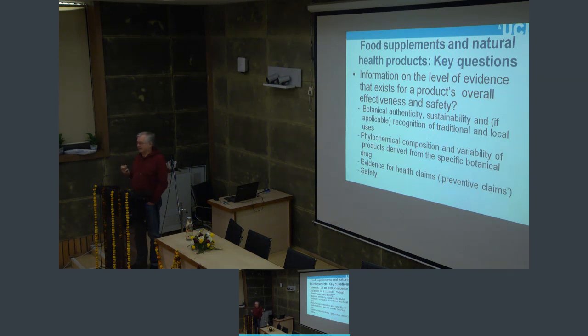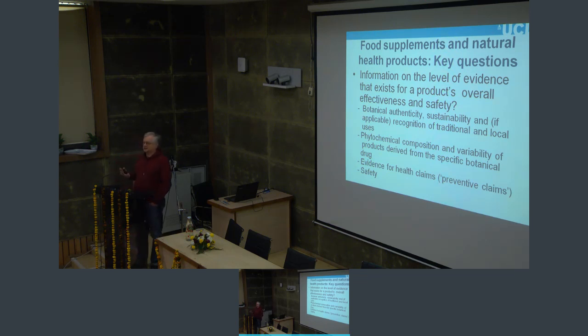If you say, this is 1 bag of black beans, 1 kilogram of black beans, and 10% of these beans are red, there is an adulteration. There is something which is wrong. It may be functionally completely unimportant, but it's not what it should be. That's all food claims relate to. The composition. So the botanical authenticity is what is needed.